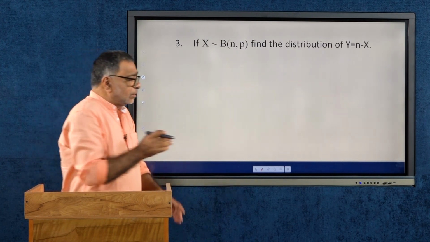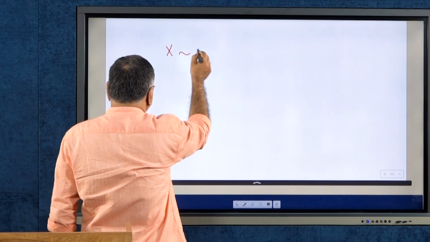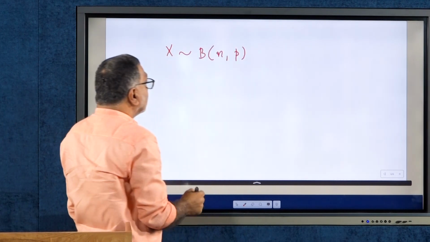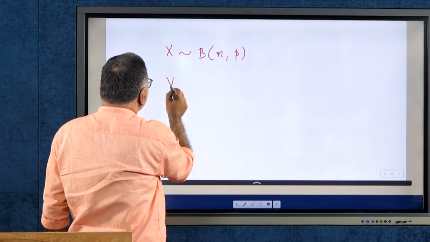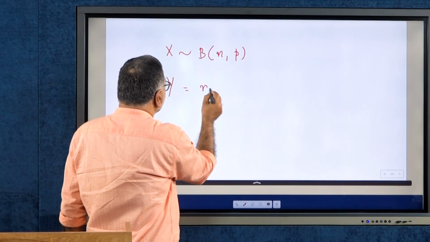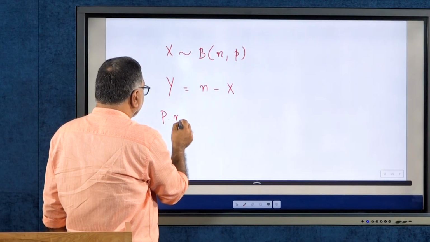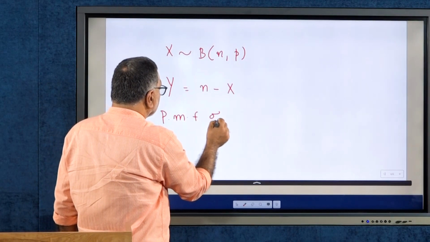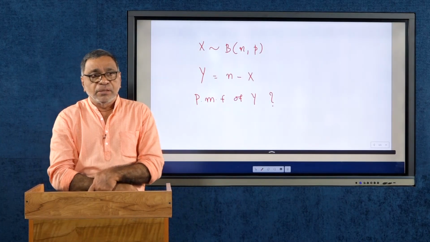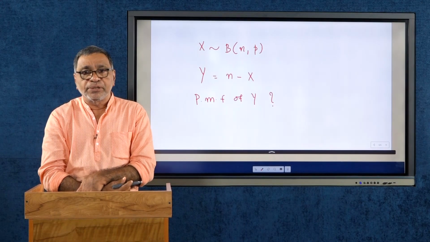You are given that x is a binomial random variable, and we define a new random variable y equal to n minus x. Can you find the probability mass function of y if x is a binomial random variable with parameters n and p?